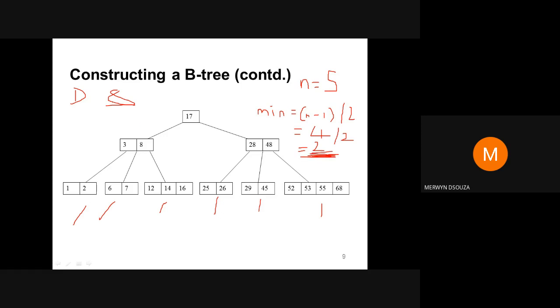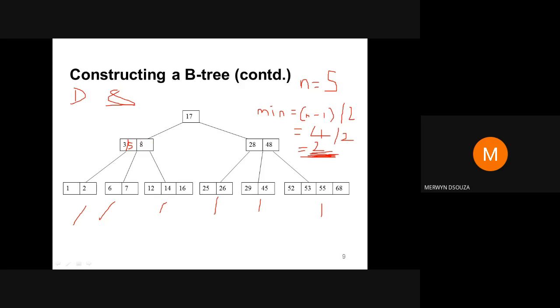But suppose that key is not in a leaf node. Say here we have some more numbers: there is 3, 5 and 8, and I'm deleting 8.